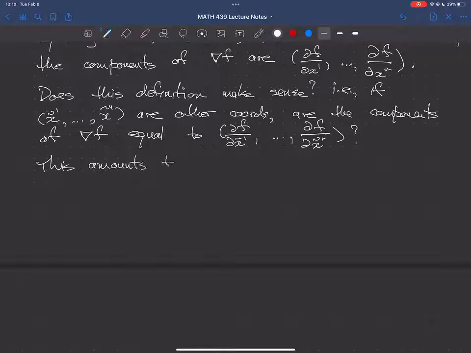So this amounts to verifying whether the change of basis formula, or the change of coordinates formula, is satisfied.